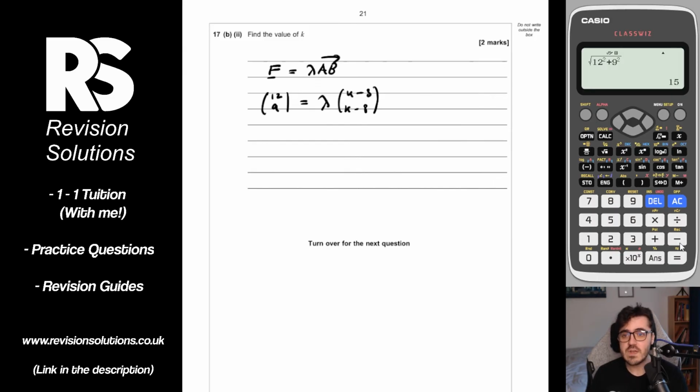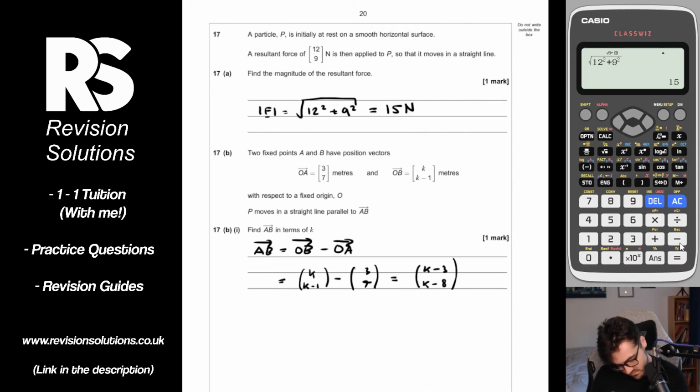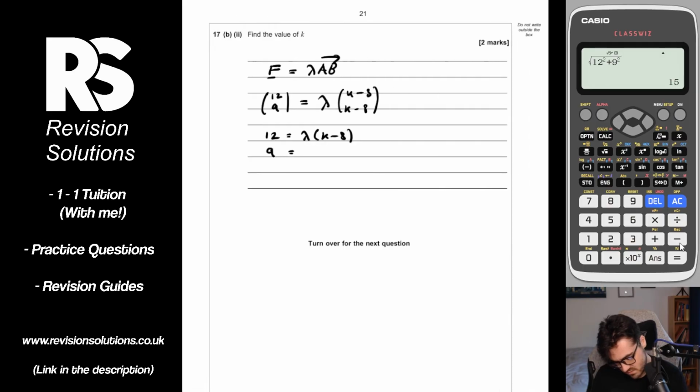Then we can read two equations off from this. So we know 12 equals lambda times k minus 3. Sorry, that's my terrible writing there, that's meant to be a 3 on the top. And the bottom one would be 9 equals lambda times k minus 8.